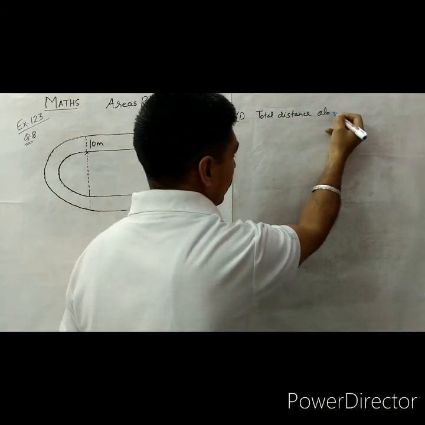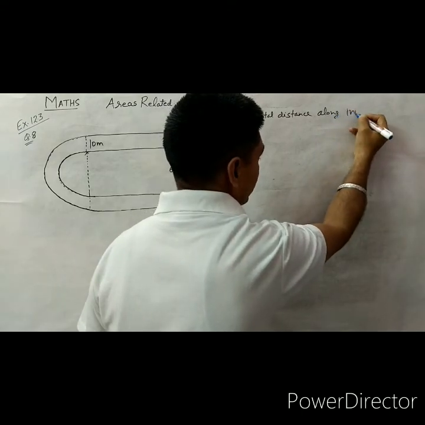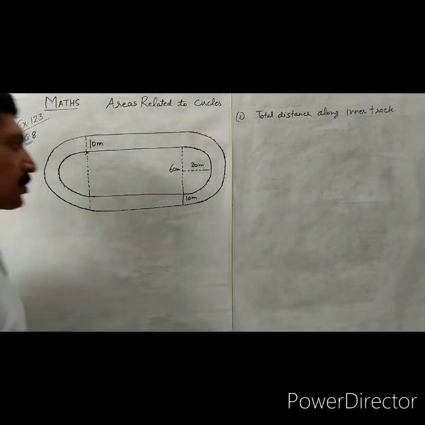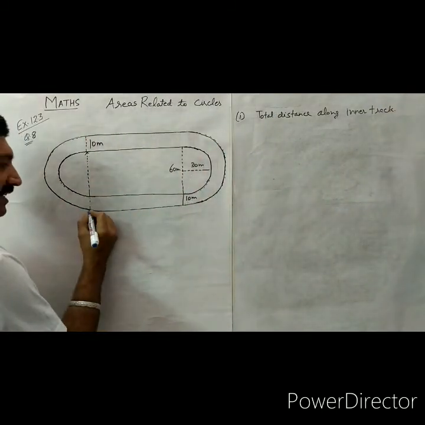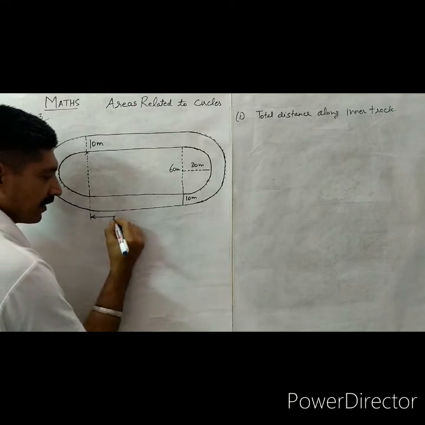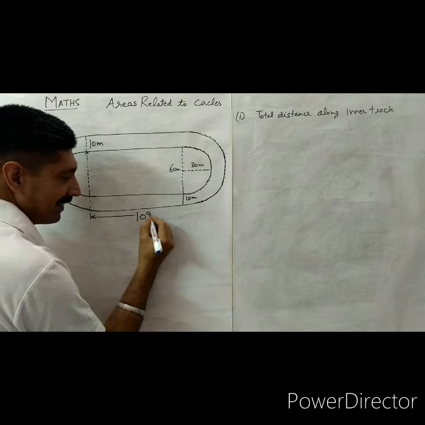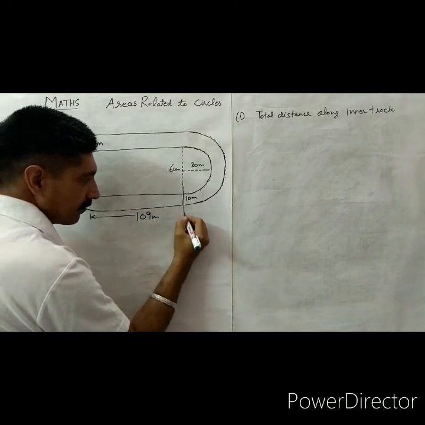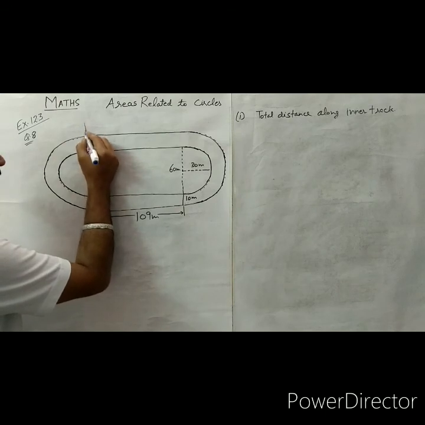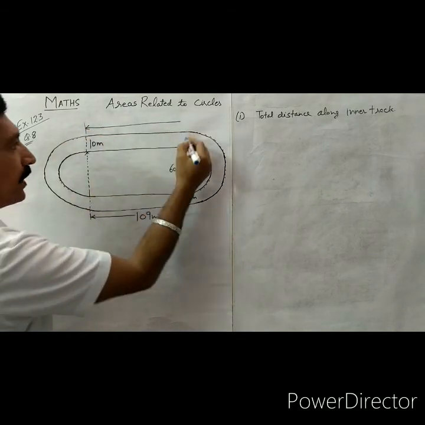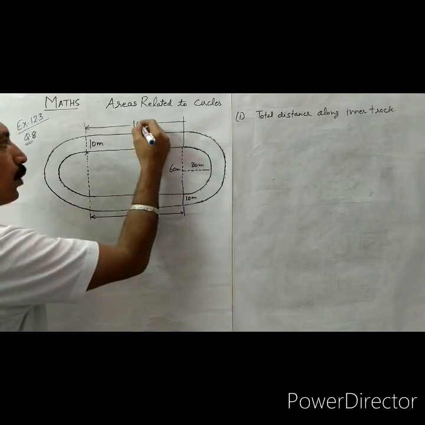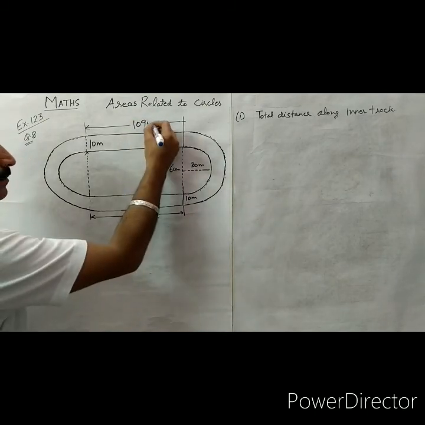Here it is given that the straight distance, from here to here, is 109 meter.